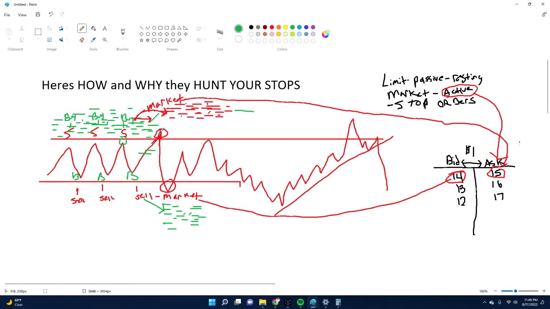Then they took your order, they gassed up the truck, they took your order down here, down the road, okay? And everyone that saw this breakout, they got stopped out on the way down. So they're closing orders all the way down. But the real pool of liquidity is down here. Okay? You're the counterparty to all the orders that they just sold up here.